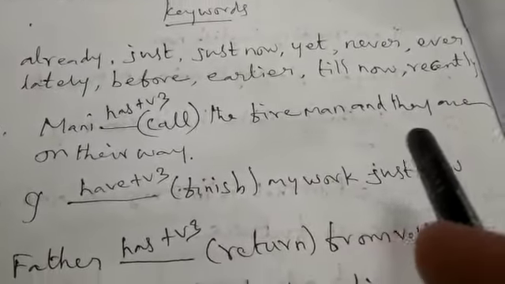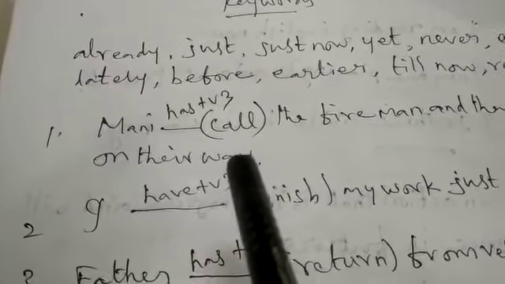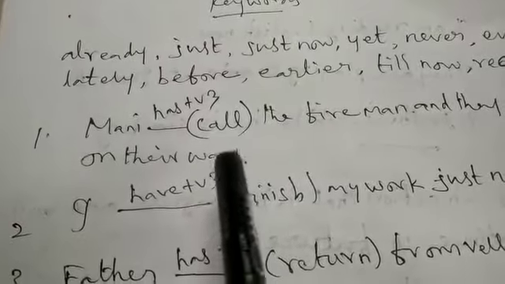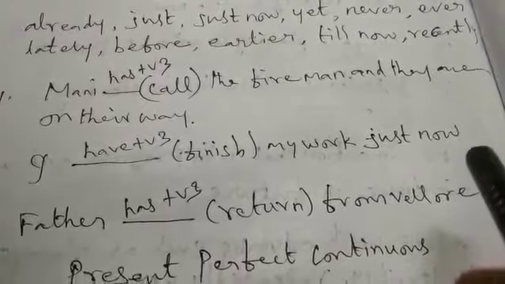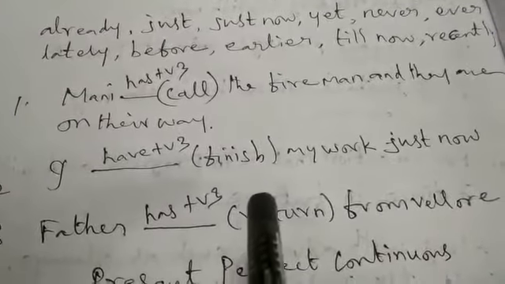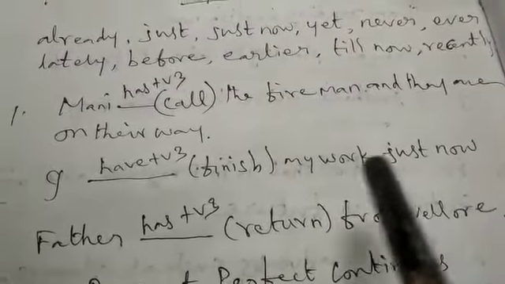Okay. First one: money dash, within brackets you find "call", the fireman and they are on their way. Here you use has plus V3. Money has called. Next: I dash finish my work just now. Just now means recently completed, recently finished this work.